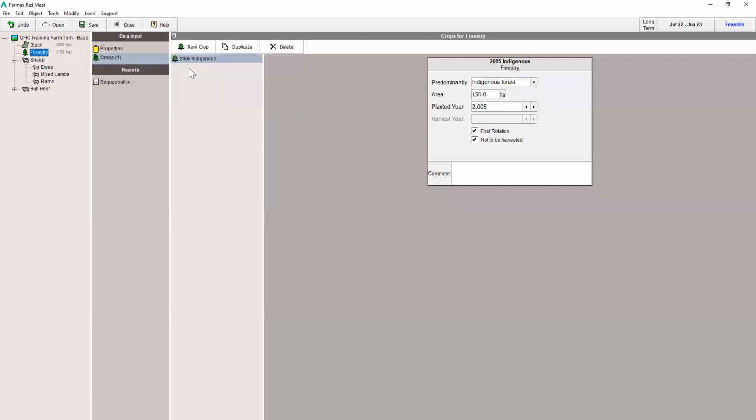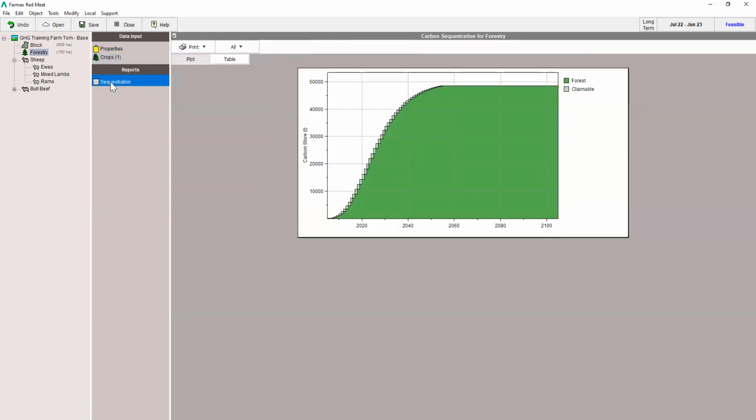Within this forestry block, you can see that I've got 150 hectares of natives or indigenous forest that was planted in 2005. And that particular block is obviously going to be sequestering quite a bit of carbon, which I can see in the sequestration report for that forestry block.